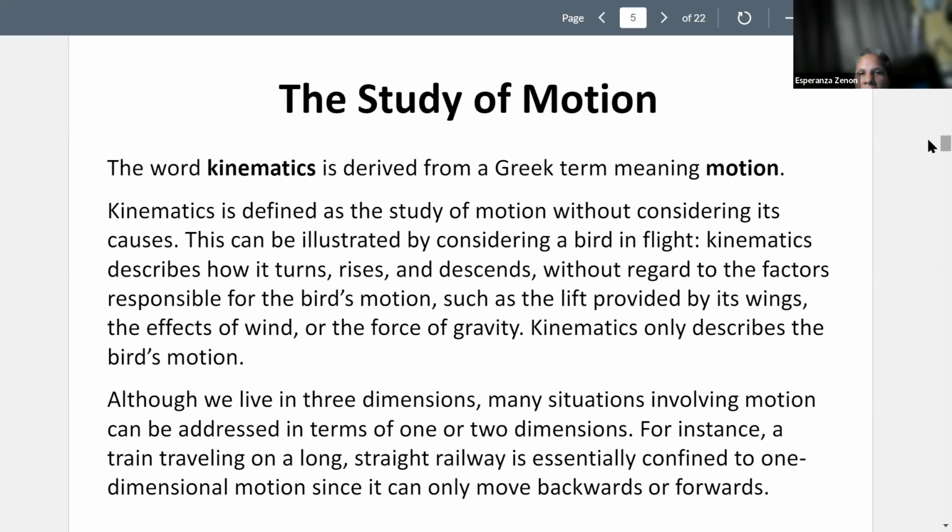The only thing you do in a kinematic description is explain things like time, position, distance. You don't focus on things like forces or lift and air resistance and gravity.